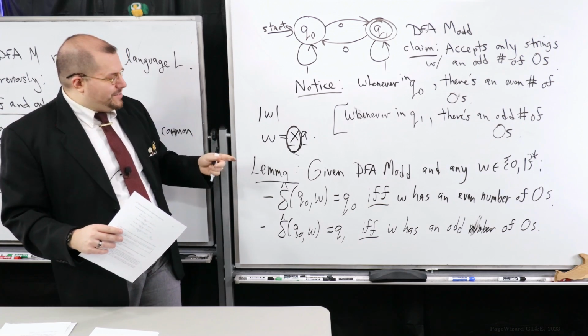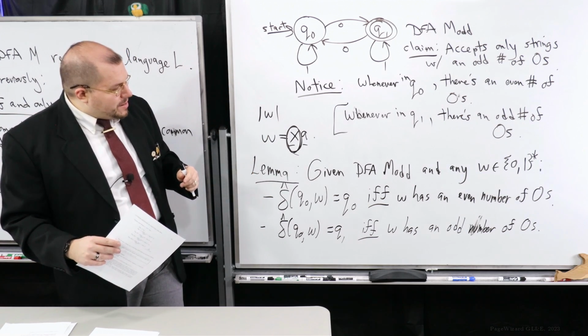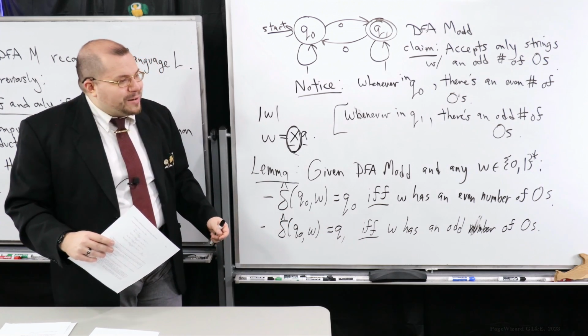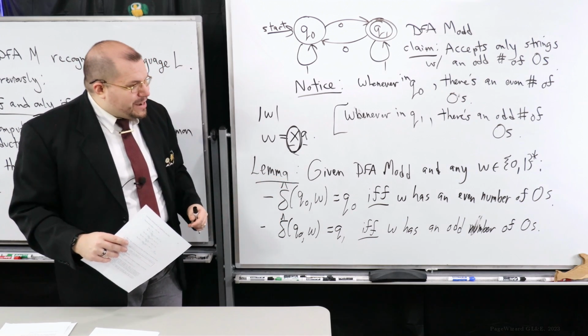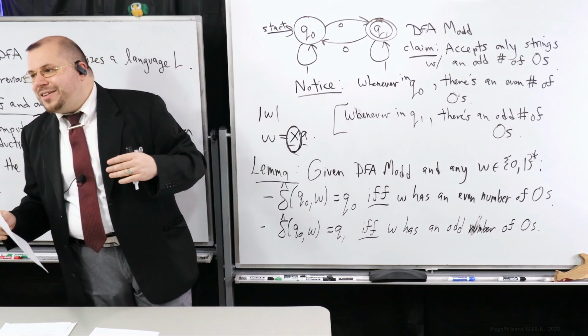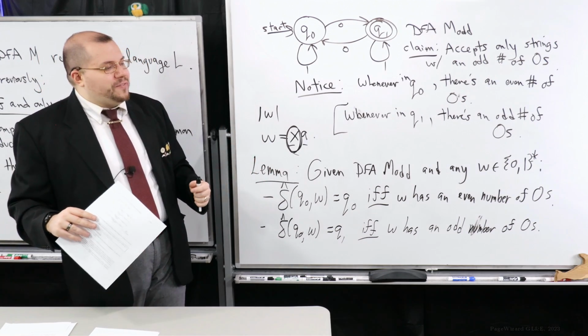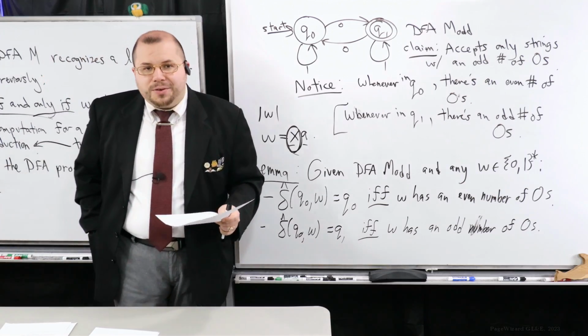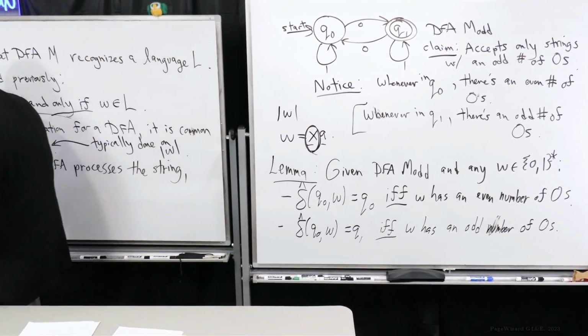If I have an odd number of zeros, I'd better be in state Q1. Whenever there's an even number of zeros, I would like to be in Q0. I don't want it crisscrossing, where sometimes it's odd, sometimes it's even. It might make it too difficult to prove a claim using induction, if that's the case. So let's prove the claim using mathematical induction now.